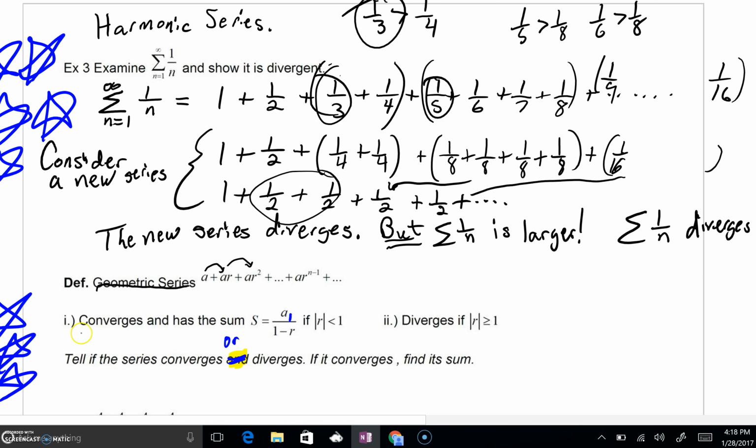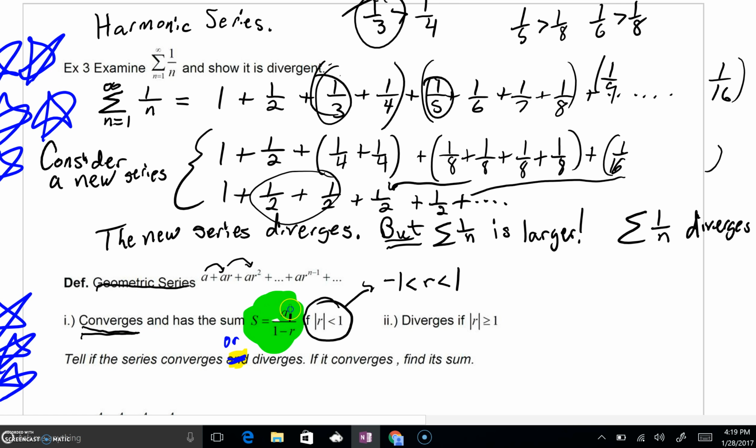We're going to see that your geometric series will converge if your common ratio, what you're multiplying by, your r, is less than 1 in absolute value. We said before that this is really meaning that r is between -1 and +1. If that's the case, then make sure you're memorizing this as a fact.